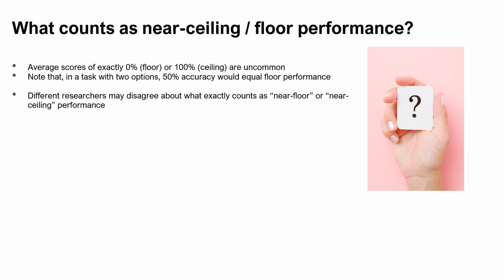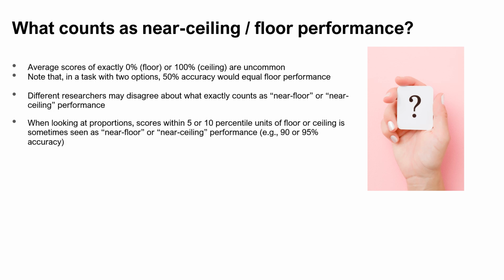And different researchers may disagree about what exactly counts as near floor or near ceiling performance. These debates can be quite heated, but I would say that if you're looking at proportions, scores that are within 5 or potentially 10 percentile units of floor or ceiling would often be seen as being near floor or near ceiling performance.